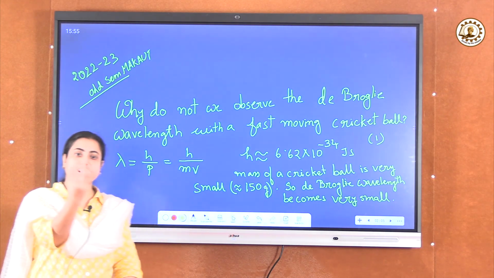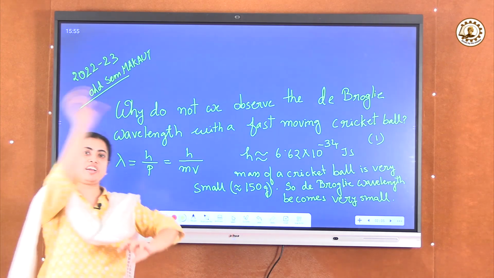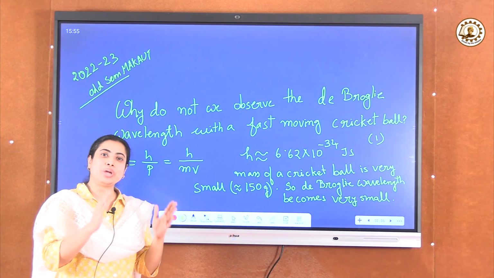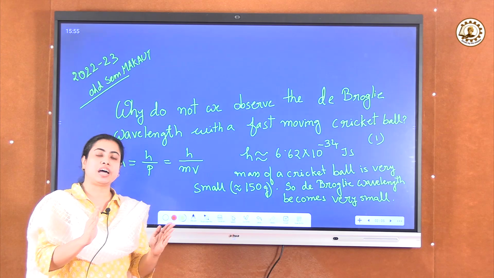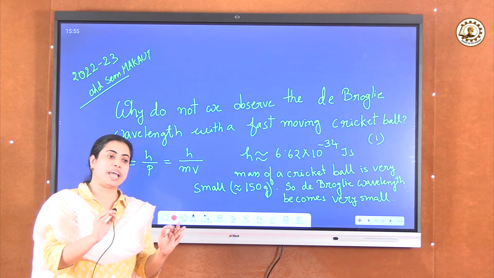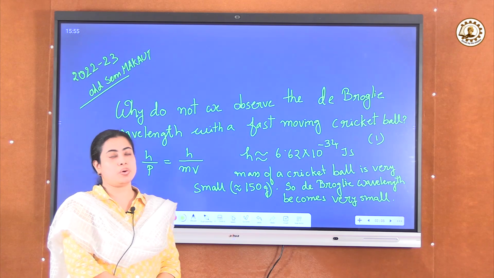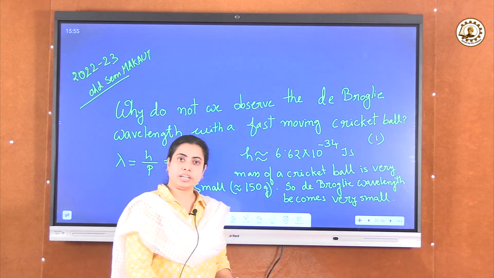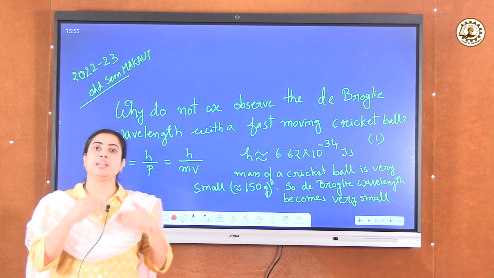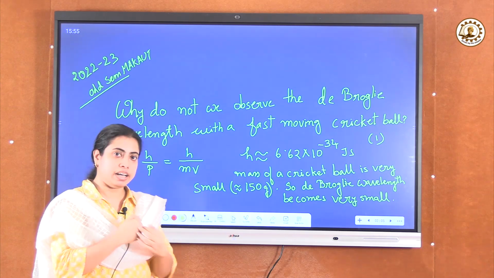So if you have a cricket ball and you are throwing it very fast, you cannot observe de Broglie wavelength, unlike what comes from the electron. Why is it so? It is a one mark question, and we will understand the logic of the answer now.